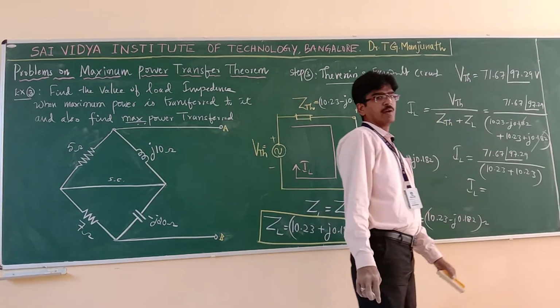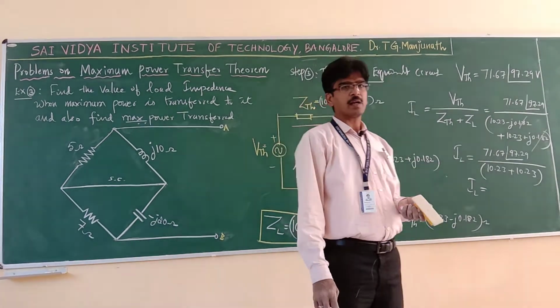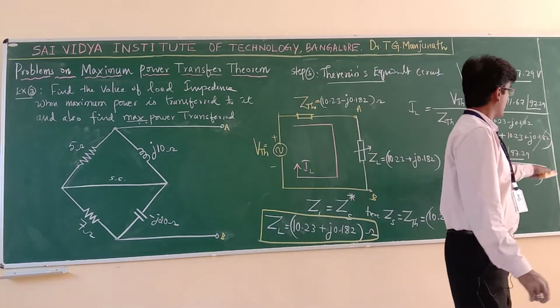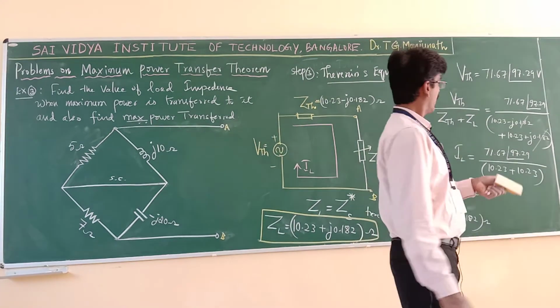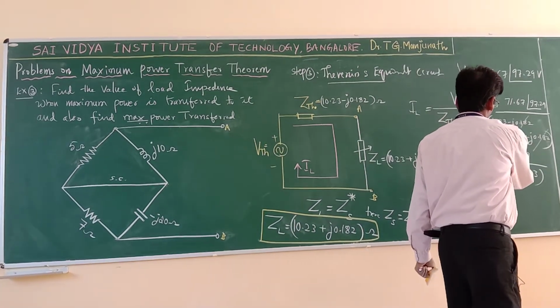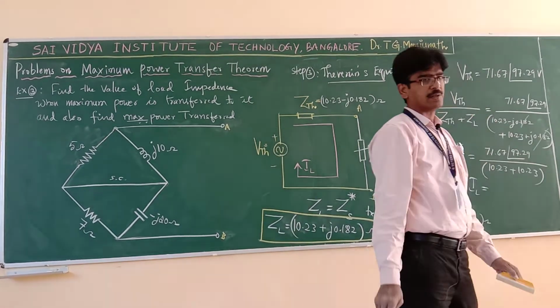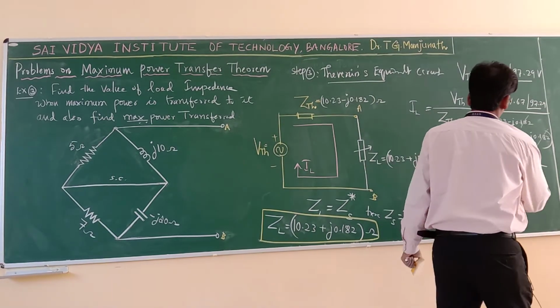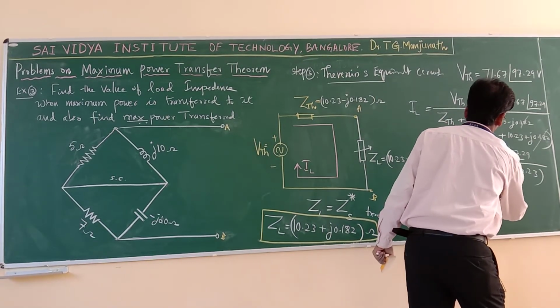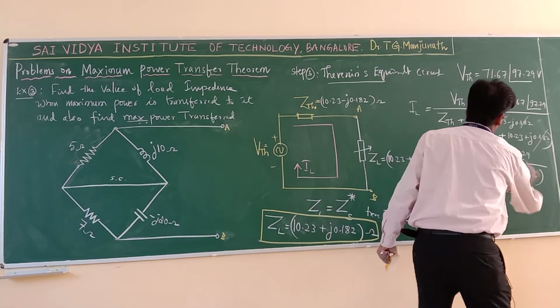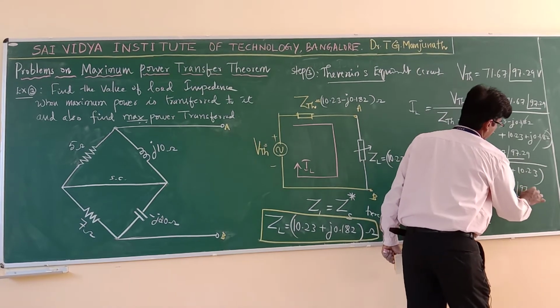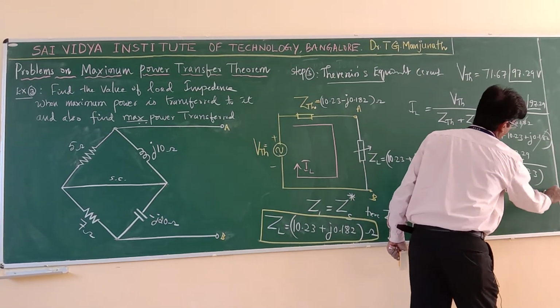Now, again we can keep the calculator in complex mode, enter this value as it is, or you can divide these two and keep the angle as it is. Then you will get 3.503 at an angle 97.29 ampere.